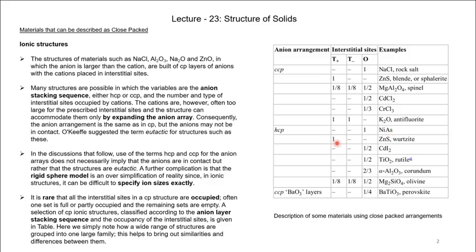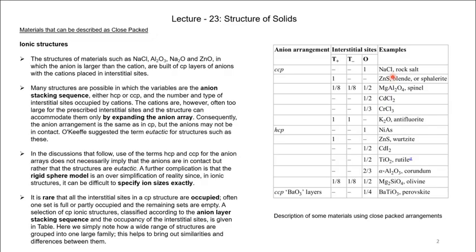If one of the tetrahedral sites is filled, then we get zinc sulfide, and the zinc sulfide here is wurtzite. It's the wurtzite mineral. The others are like this. We will discuss some of these structures in detail, but not all.